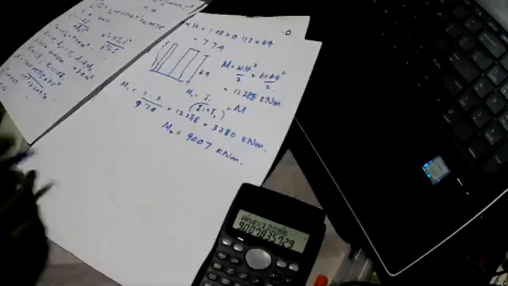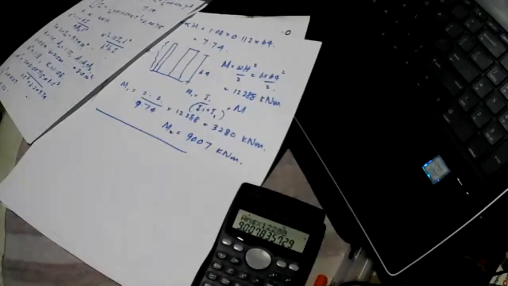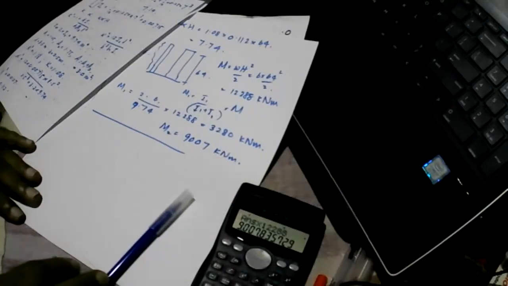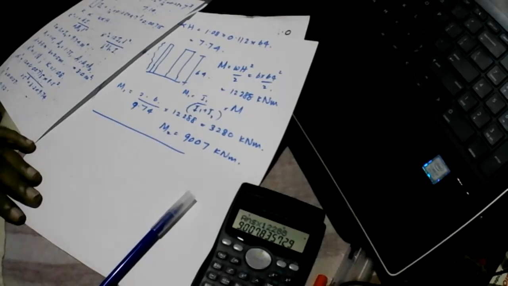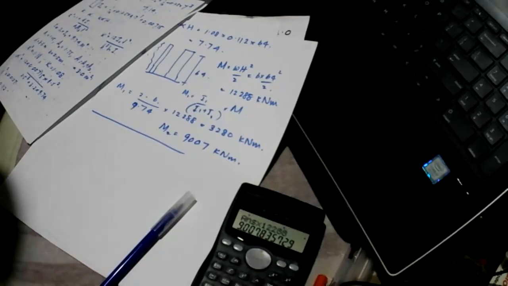So that is the fourth part of the problem: if the walls are acting independently, find the bending moment on each wall. Is this clear?